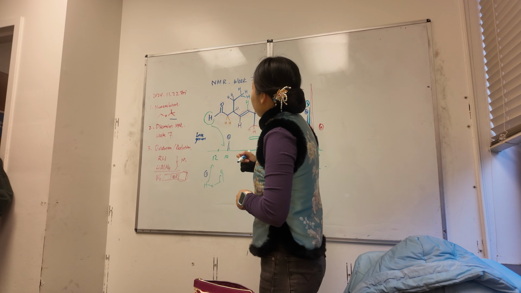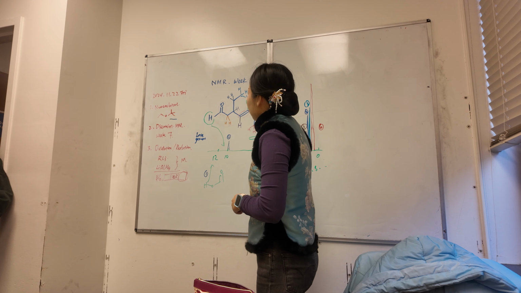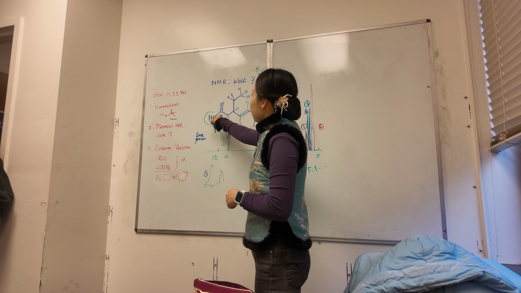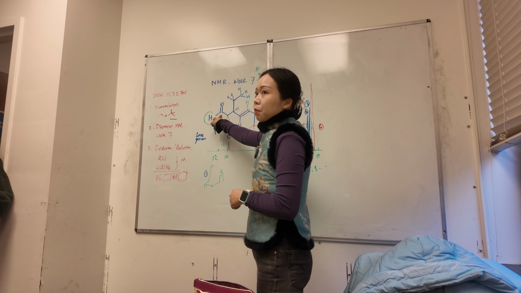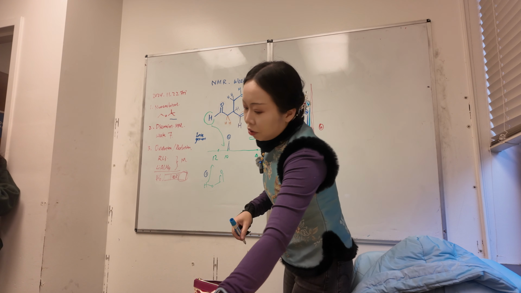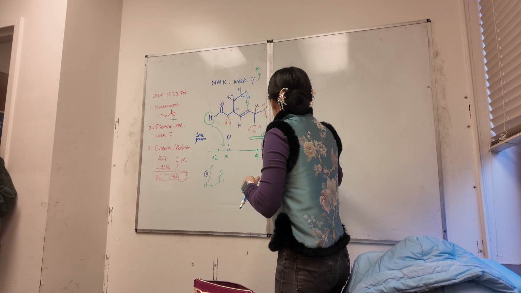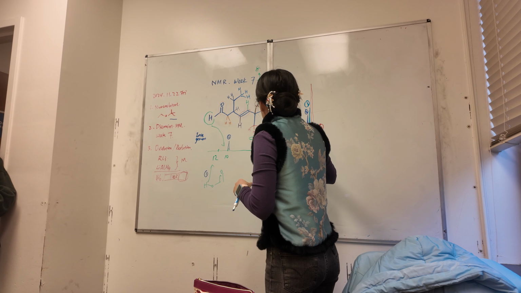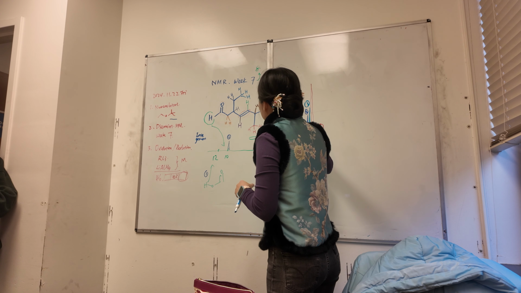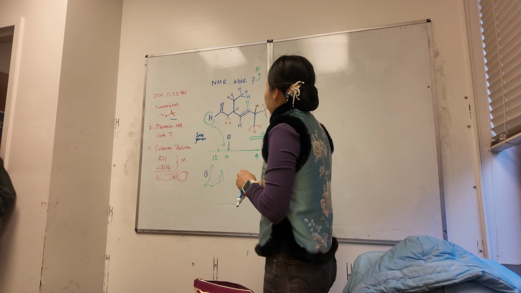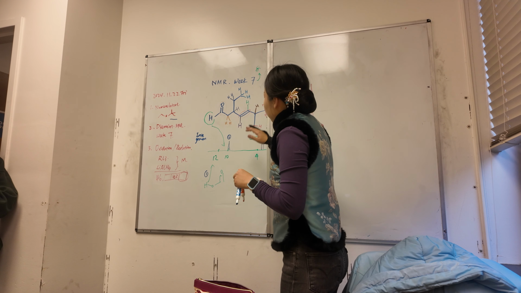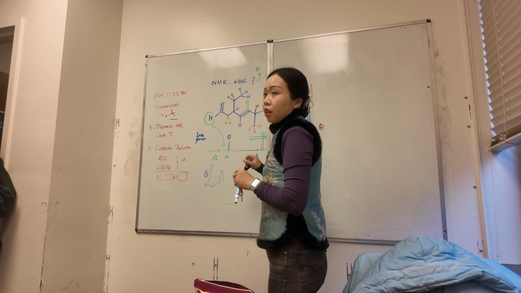Integration. I'm just talking about integration. And this one, because it's next to carbonyl, it's next to sp2, you are expecting this one to be downfield a little bit. So we'll be roughly here, and there's a 2. We don't think about splitting, yeah.